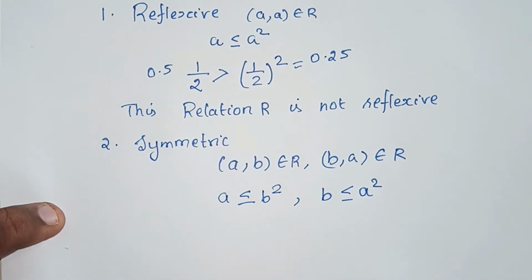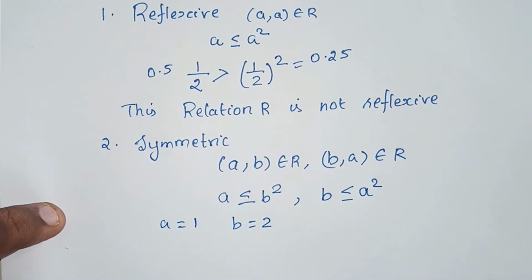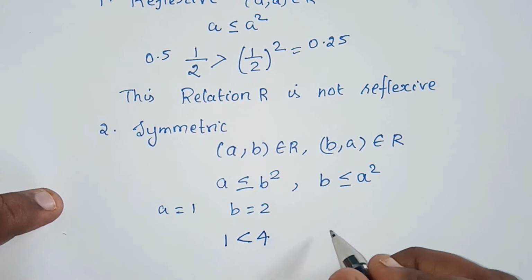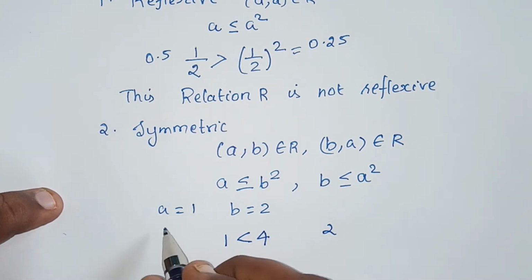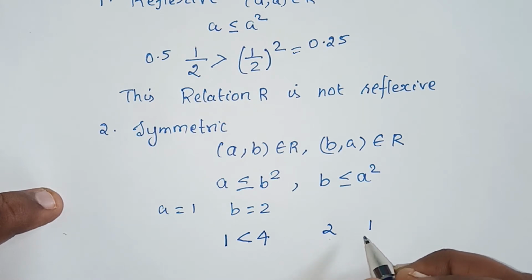So we take one example. a is equal to 1, b is equal to 2. So 2 square is 4, and 1 is less than 4. So this condition is true. Next we will check the other condition. b is 2, a is 1, a square means 1. So 2 is not less than 1. 2 is greater than 1.